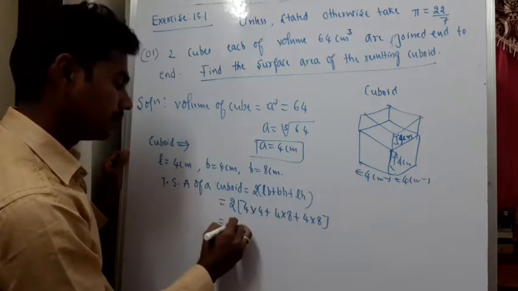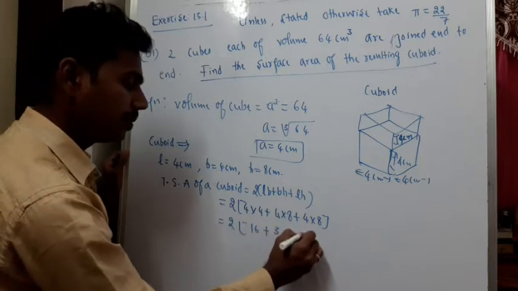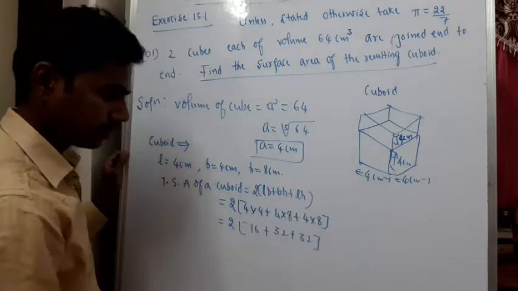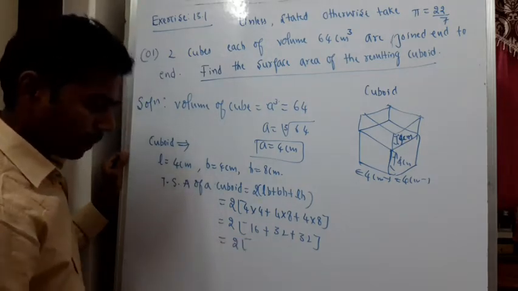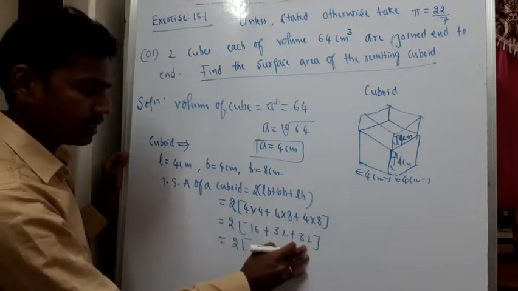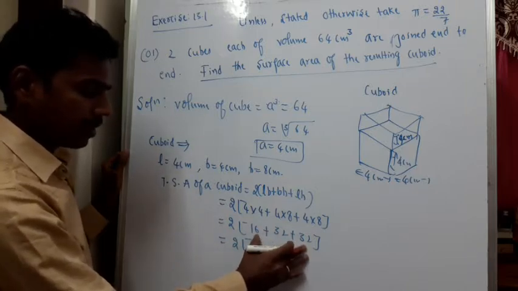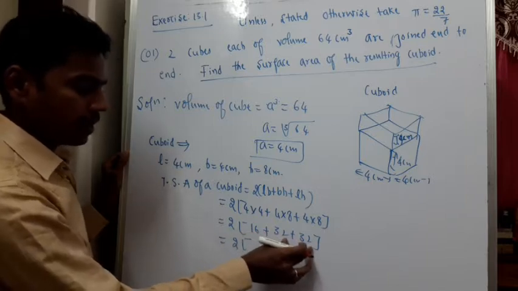Fine. 4 4s are 16. 32. Now 2 into, so 32 plus 32, so 30, 60, 70. So this 6 plus this 4, 10.